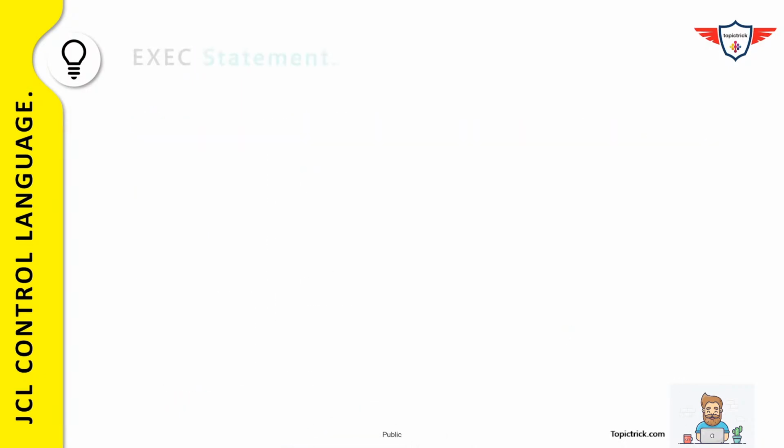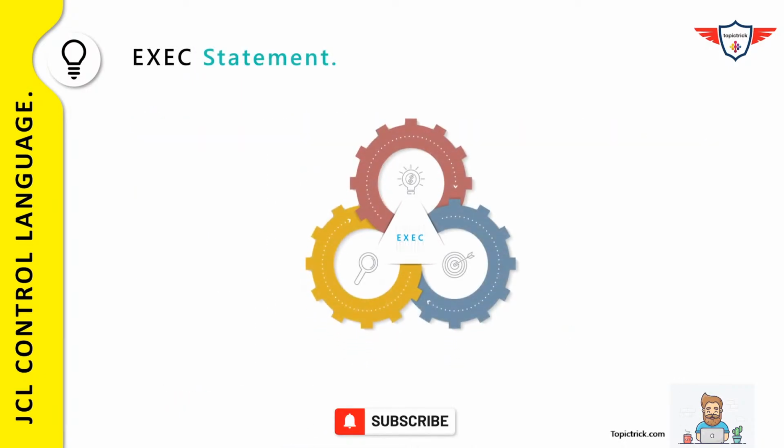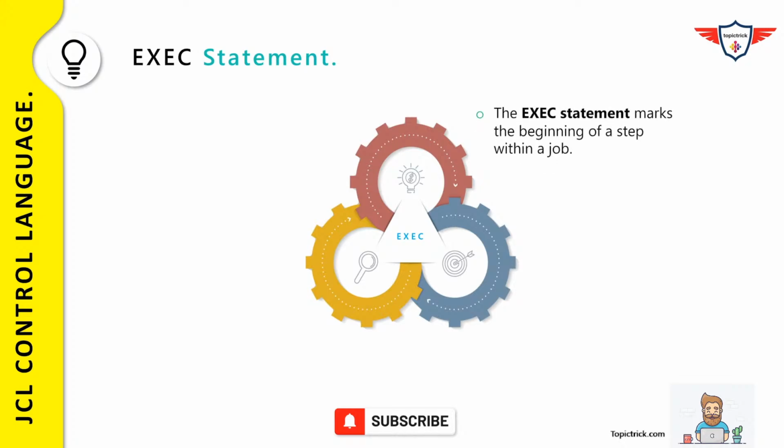Now let's focus on the execute control statement or EXEC statement. As you know, the EXEC statement marks the beginning of a step within a job. I hope you remember that the job control statement marks the beginning of a job, and the EXEC statement marks the beginning of a step within that particular job.